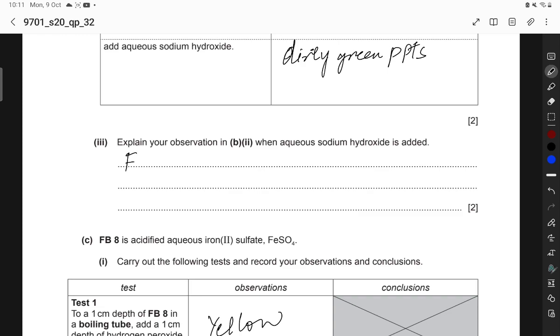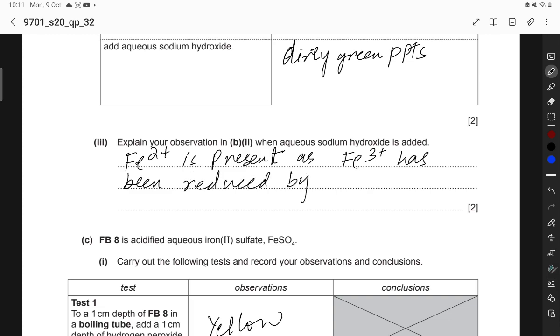Iron(II) ions are present as iron(III) has been reduced by S2O3.